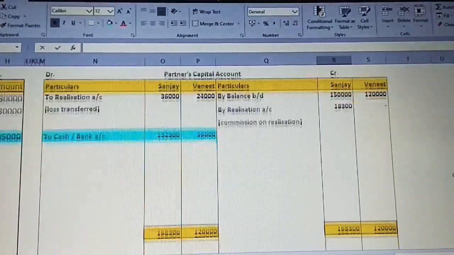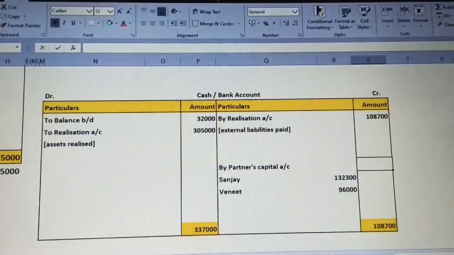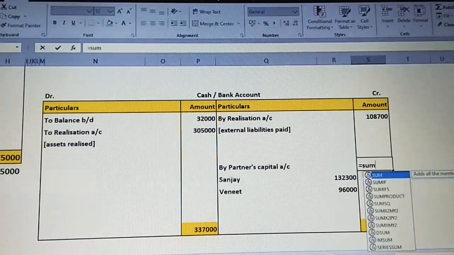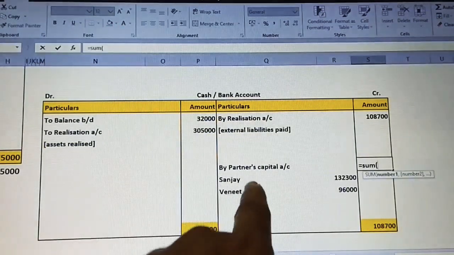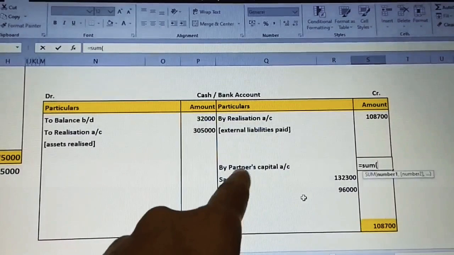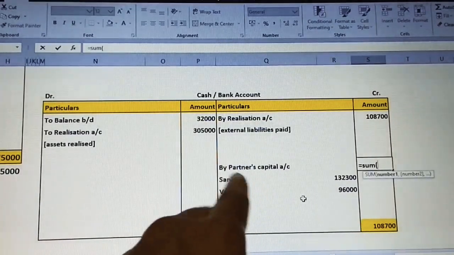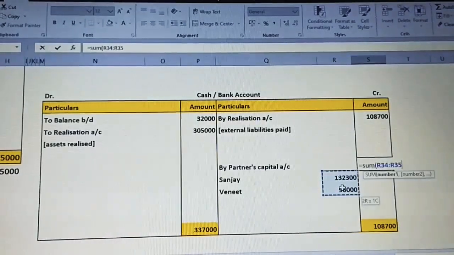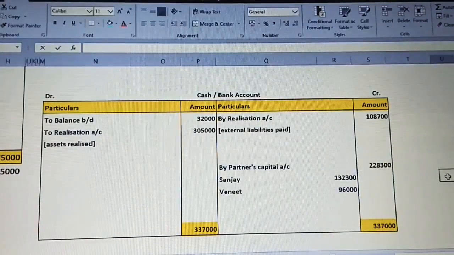Observe this, let us take the total of this. See, there are two ways I have told you already. Either you can write individually by Sanjay's capital account, by Vinith's capital account, but instead of that, to make it shorter and easier, I have done this. Just observe. Our cash or bank account is equally tallied.